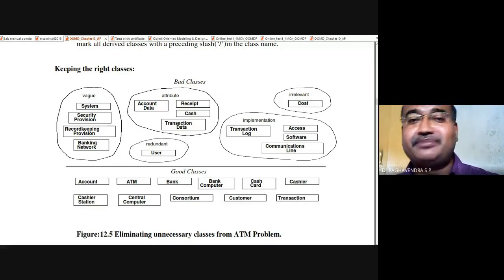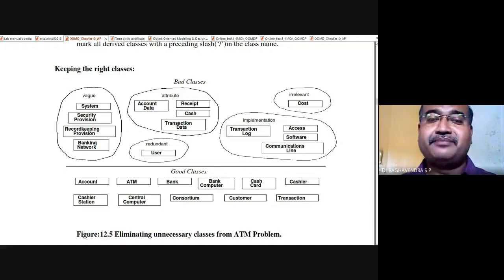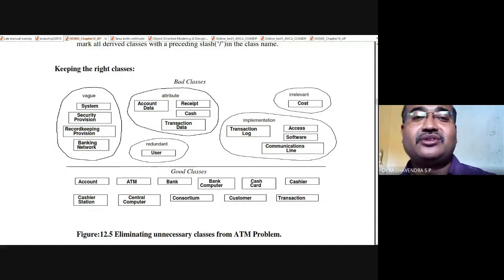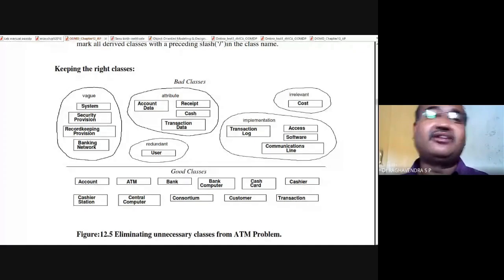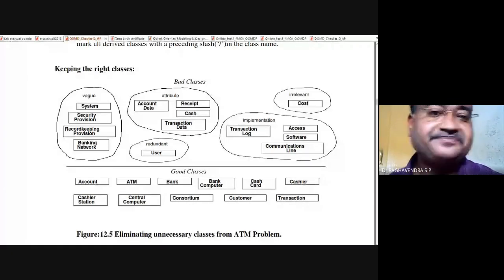Similarly, security provision can be anything. It may be through login credentials, palm, retinal scanning, fingerprint scanning, or face recognition. It is a general word and never concludes a particular aspect through which we can authorize a given customer.